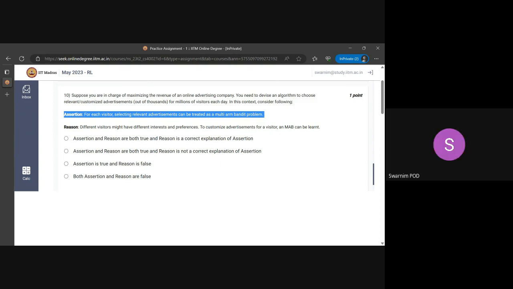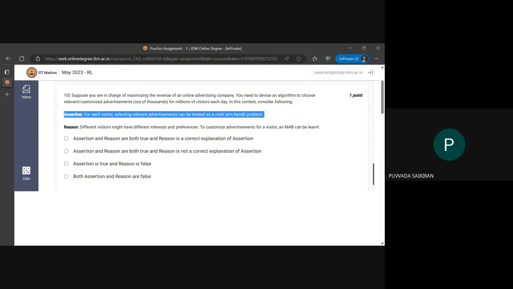then for the first visitor, I can create a 10-arm bandit problem, a 10-arm bandit machine, and the visitor gets to pull one arm at a time, many times. We have enough space. So can we say that eventually, theoretically or practically, I can select the optimal arm for that visitor?